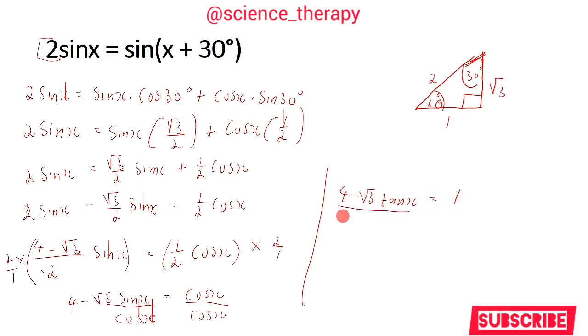Now dividing both sides by 4 minus root 3, we have tan x is equal to 1 over 4 minus root 3. Now at this point we want our reference angle, so leave the x here, and then inverse tan of 1 over 4 minus root 3, right?